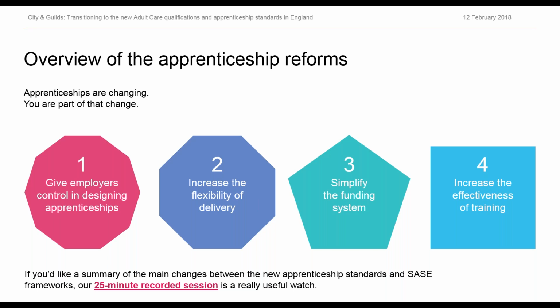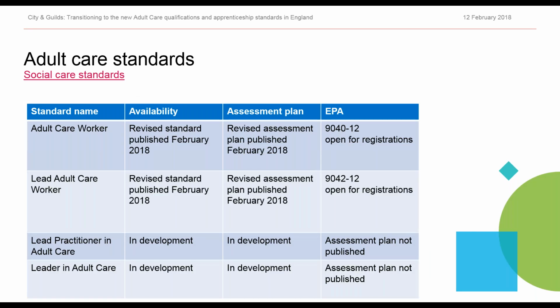I'd like to now go forward and describe to you what's happening with each of the standards. I've listed the 4 adult care standards there. You will note that underneath the title there's a red link which is called Social Care Standards.